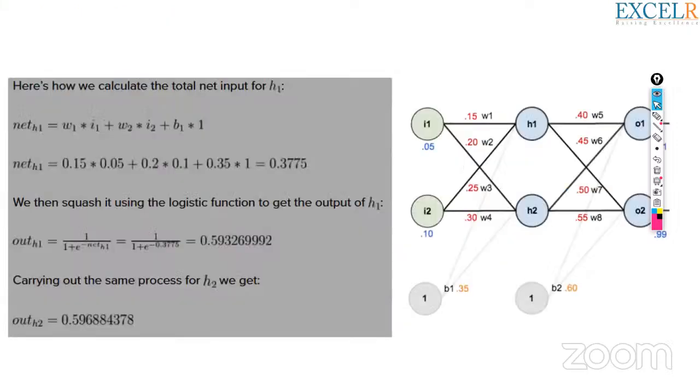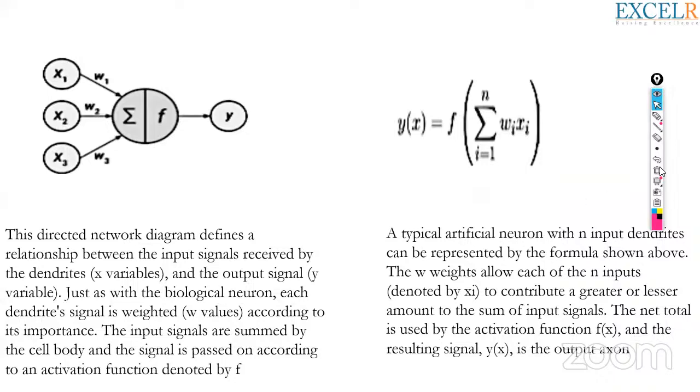The role of the activation function is in the processing of a particular neuron or node. The first part is the adder function, and the second one is the activation function.